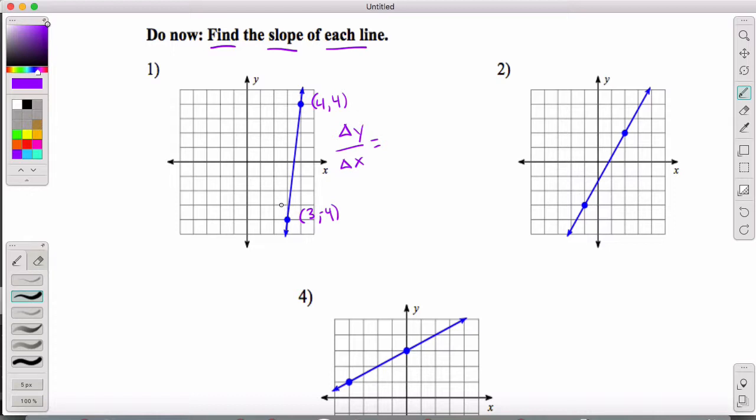You're not going to count these little lines; you're going to actually count the boxes instead, because you're counting the distance. So 1, 2, 3, 4, 5, 6, 7, 8. This means that my y is changing by 8 and my x is going to change by 1. You can also reduce this down to 8 if you like.